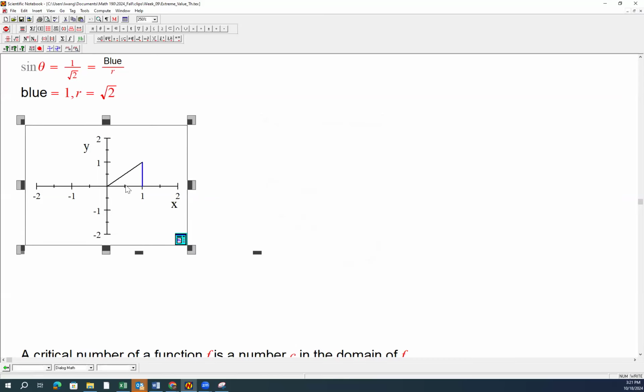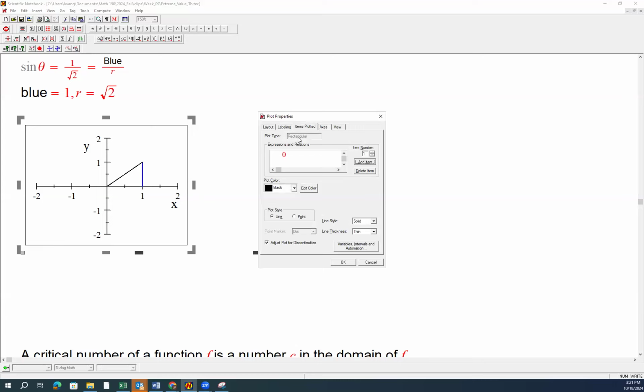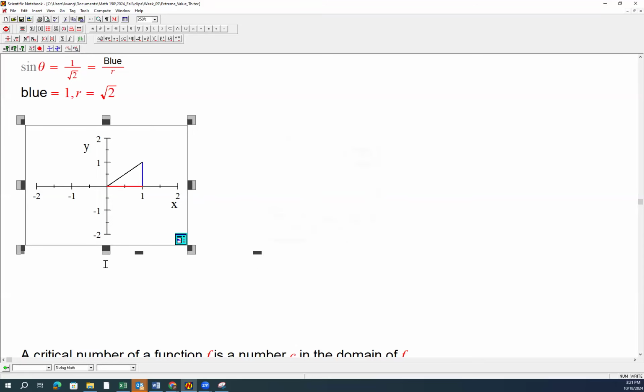What's the red? The red is going to be that. There we go. So this is one terminal. This black line is a terminal for the angle theta.